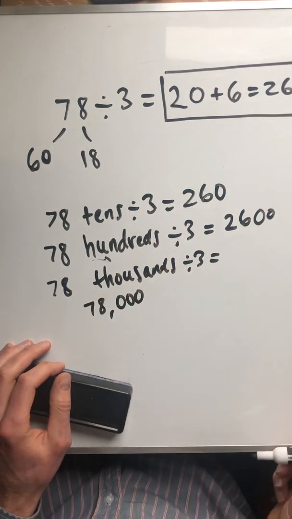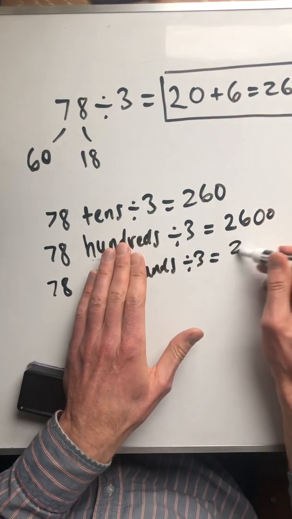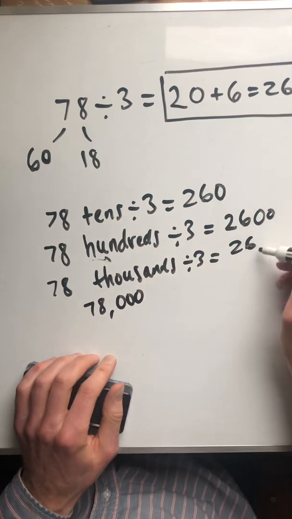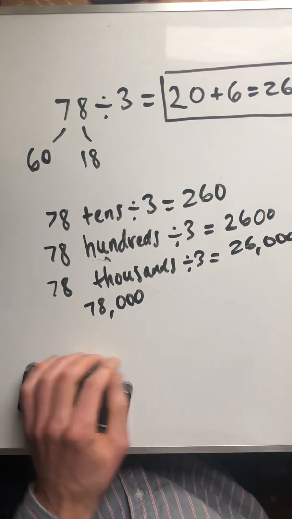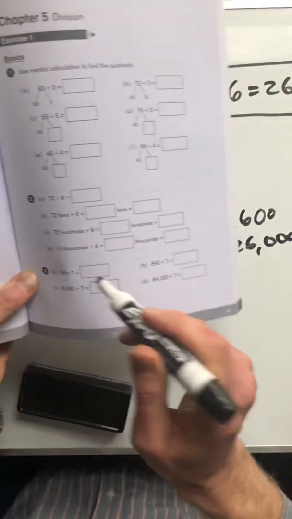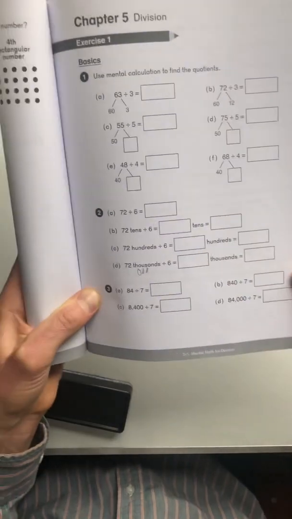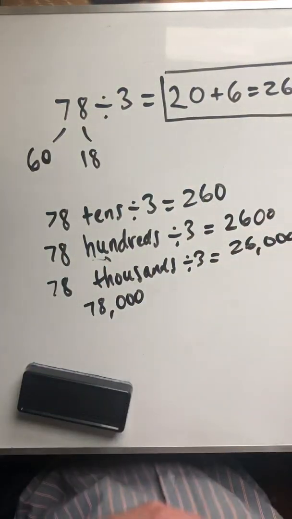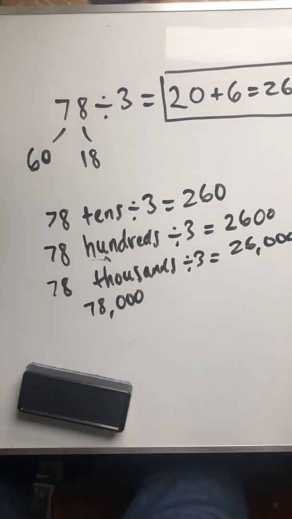So 78 divided by 3 is 26, and then just bring the 3 zeros over. If it says 72 thousands, just think of what that looks like. It just looks like 72 with 3 zeros. And it's the same thing for the bottom one too. All right, so please do page 95 in your book.